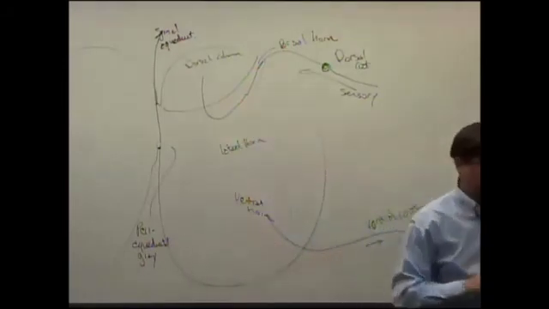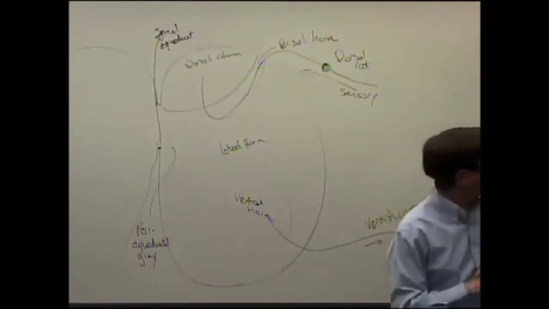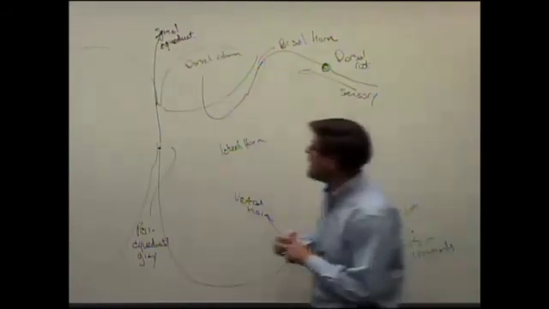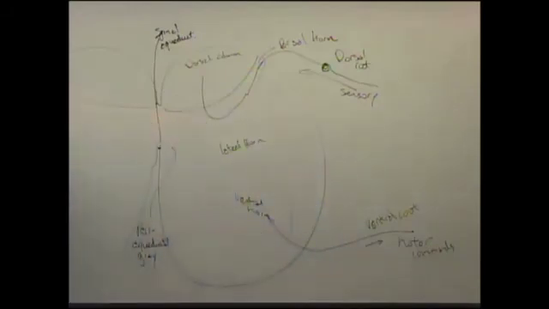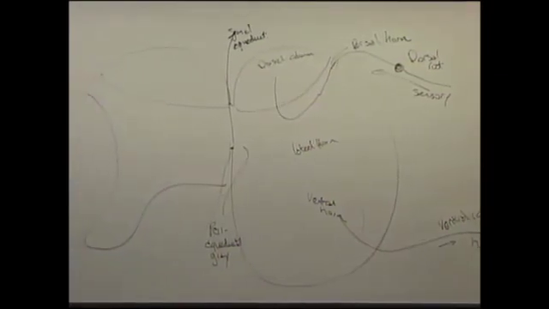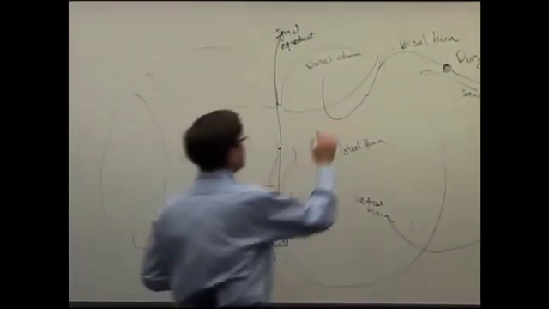I'm going to try to keep ascending pathways on the right-hand side and descending pathways on the left-hand side so that we can keep some kind of separation of all of this. So the dorsal column is going up to the brain.